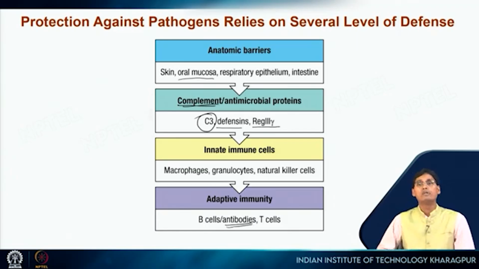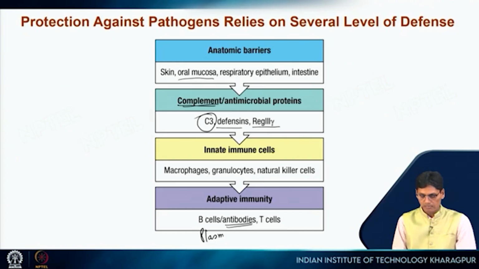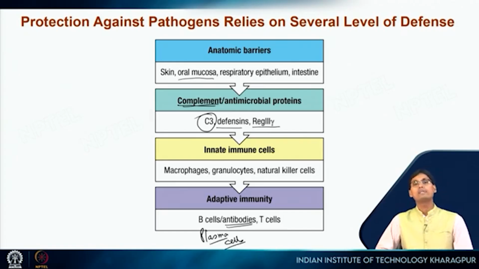When B cells get differentiated and matured, they will make antibodies. Those are called plasma cells, okay? So together, the innate system and adaptive immune system will protect us from the infection. And this is all about the introductory part.